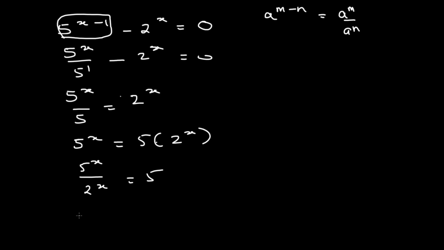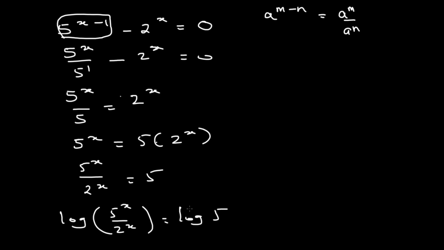At this point, I can apply my logs because there's nothing else I can do. So I'll apply my log: log of 5^x over 2^x equal to log 5, like that.